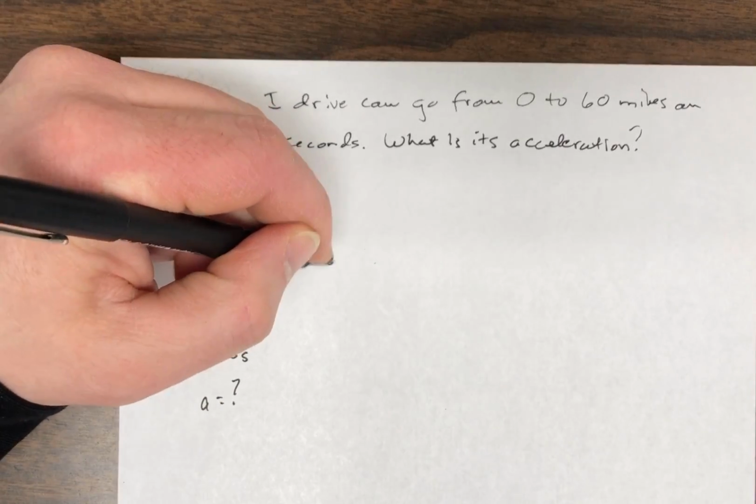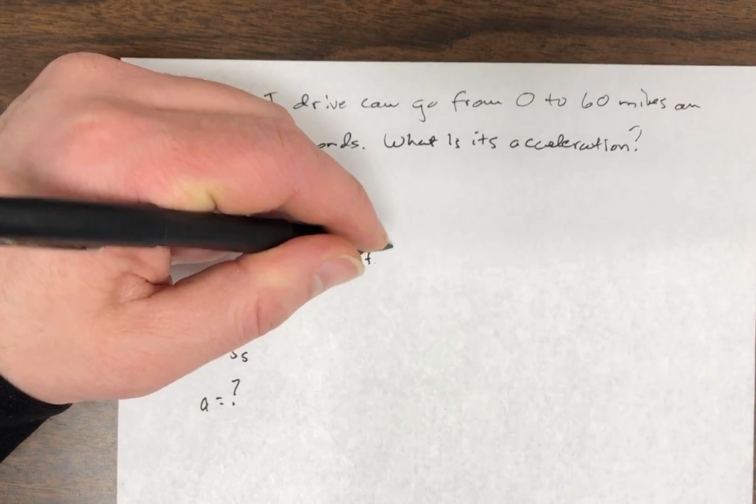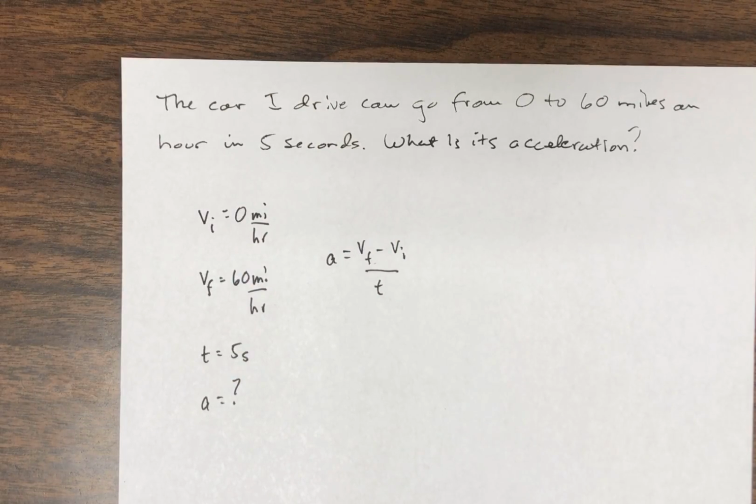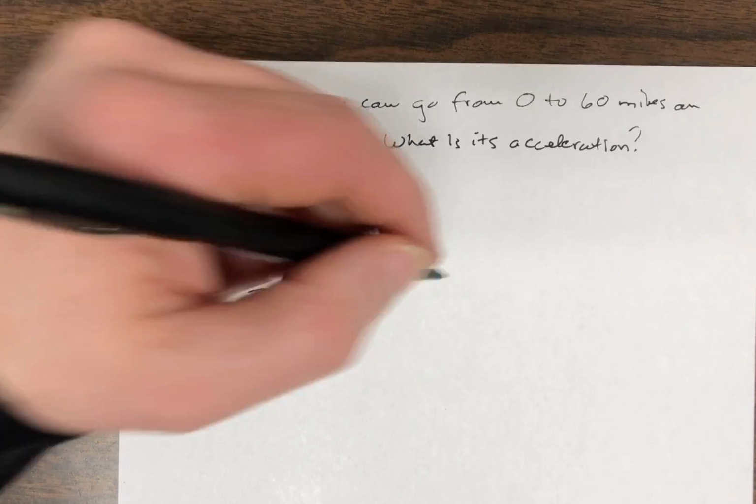Okay, so we're going to use the same equation. Now in previous situations, I said that if your time units are not the same, you need to convert them and make sure they are. In this situation, you don't, and let me show you what happens.